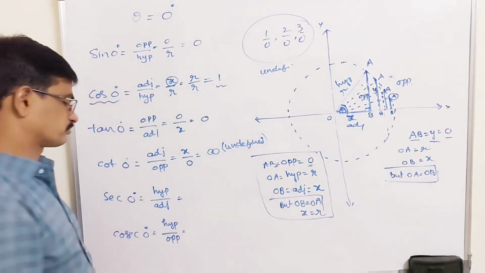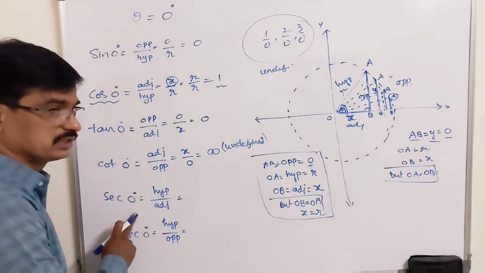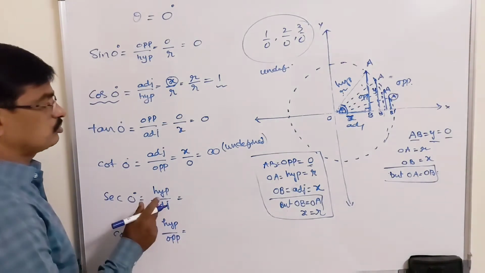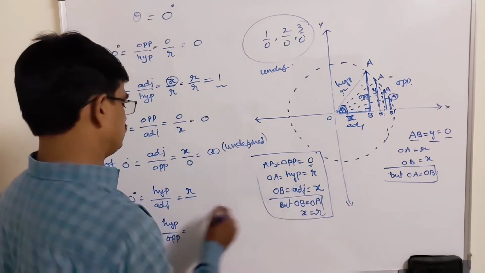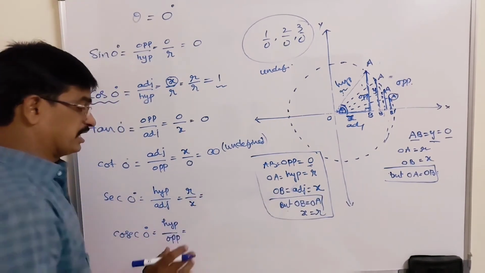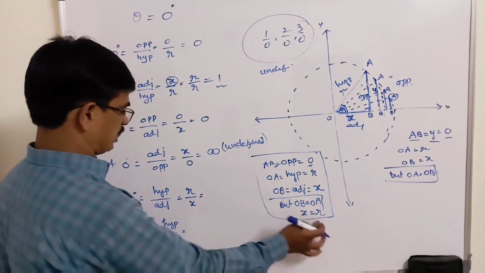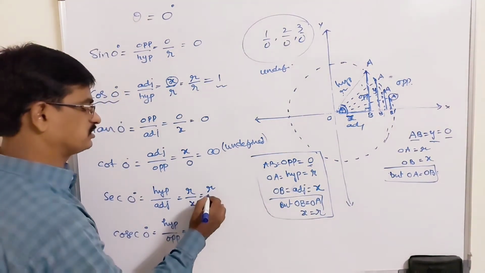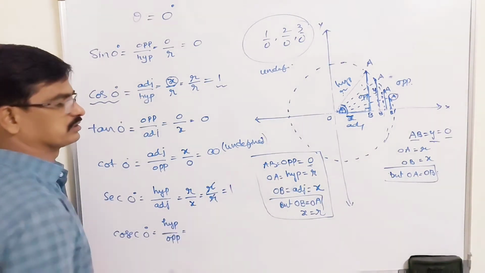Next, secant 0 degrees. So hypotenuse is here R by adjacent side is X. But OB is equal to OA, X is equal to R. Now you write R as it is, X is replaced by R. R cancel out, then you will get 1.